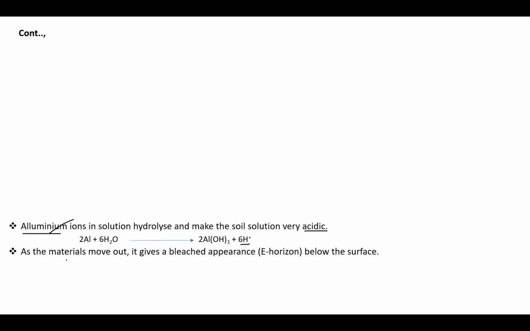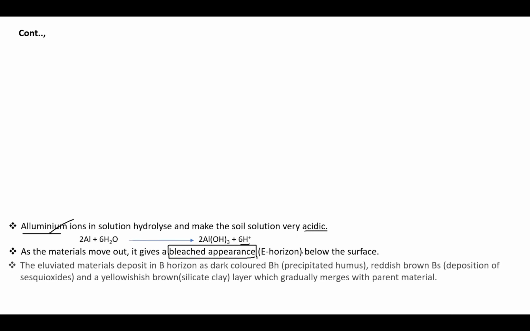What happens due to this heavy, intense leaching? The podzolic layer appears as an E horizon that looks bleached, with a gray color below the surface.